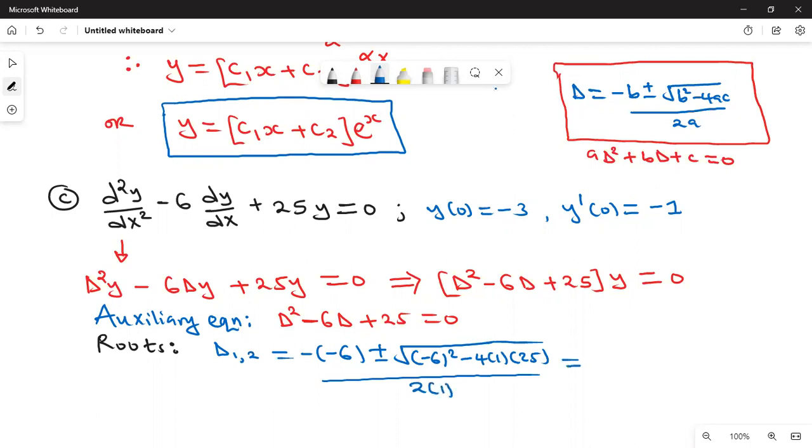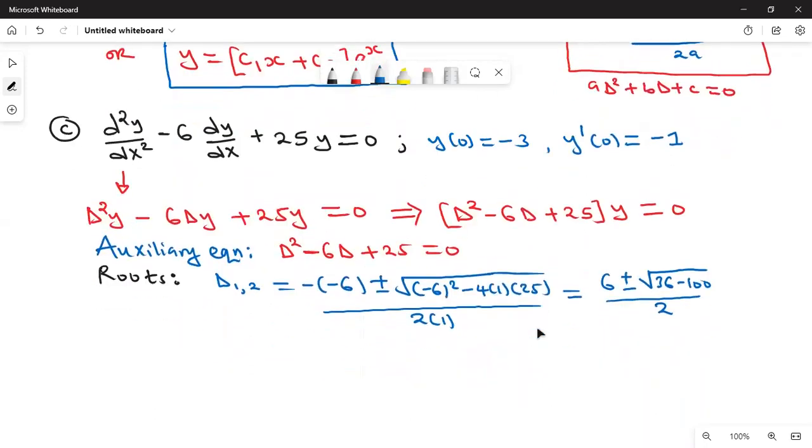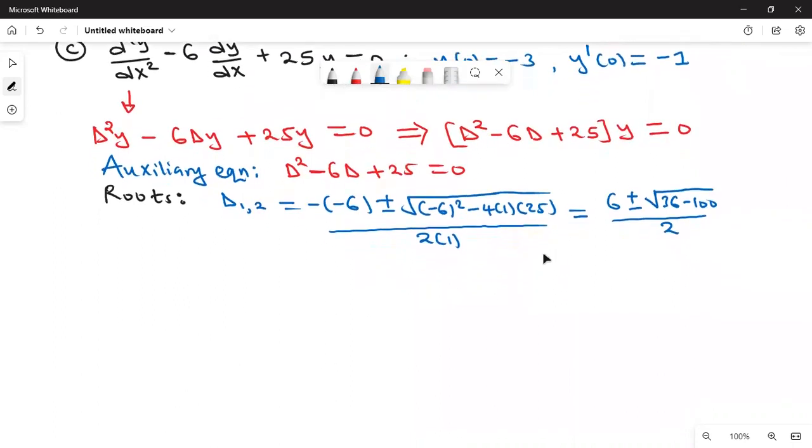So what is this equal to? 6 plus or minus the root of 36 minus 100, over 2. You see 36 minus 100 is the same as negative 64, and the root of negative 64 is a complex number.